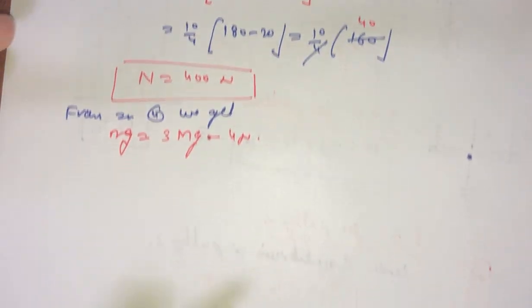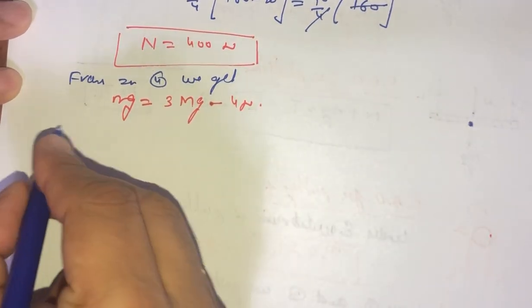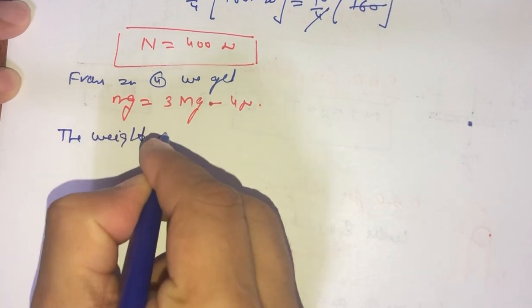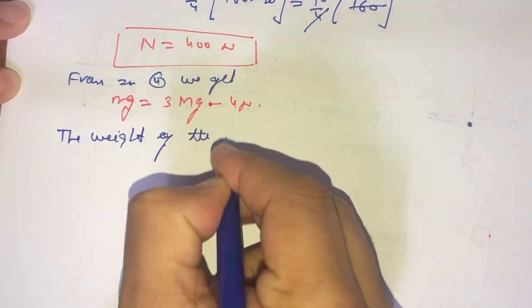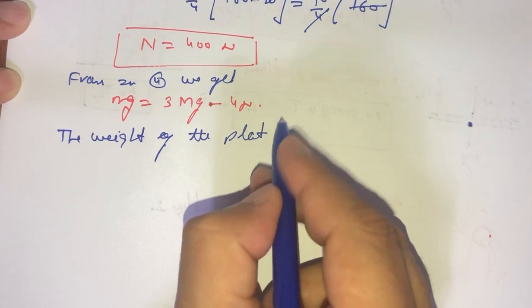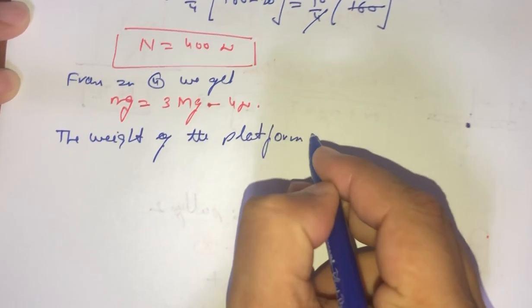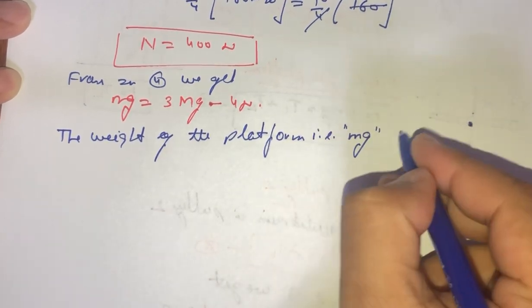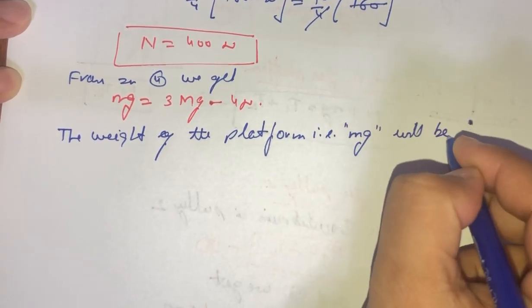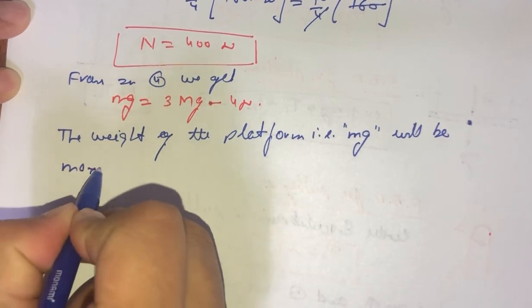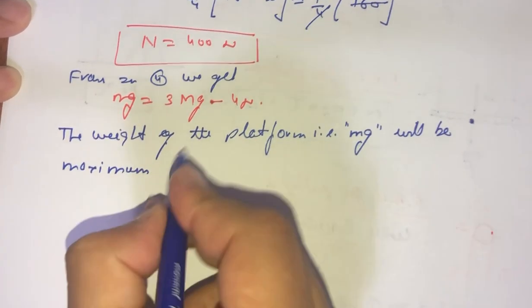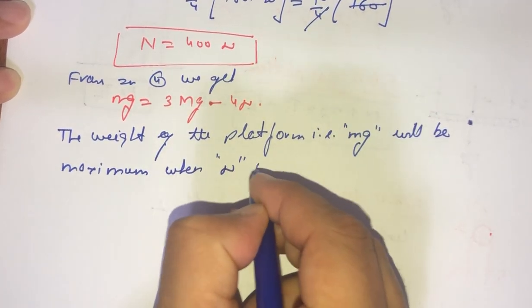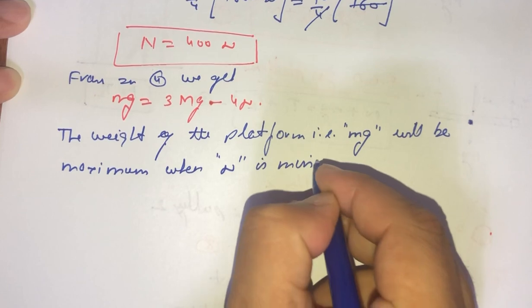So you can say the weight of the platform, that is mg, will be maximum when normal is minimum.